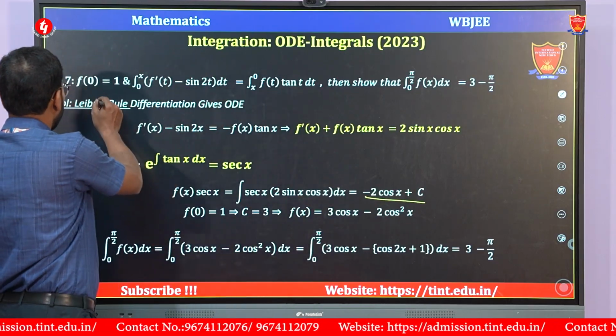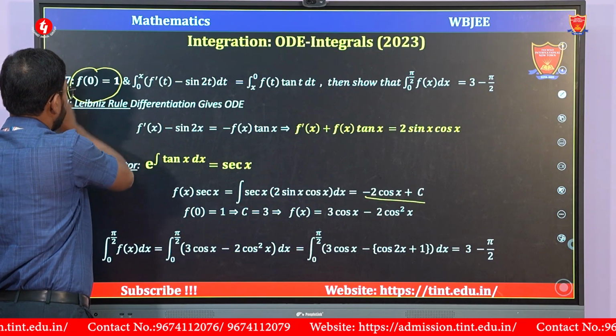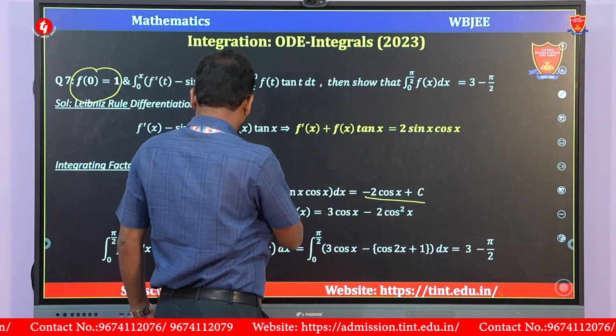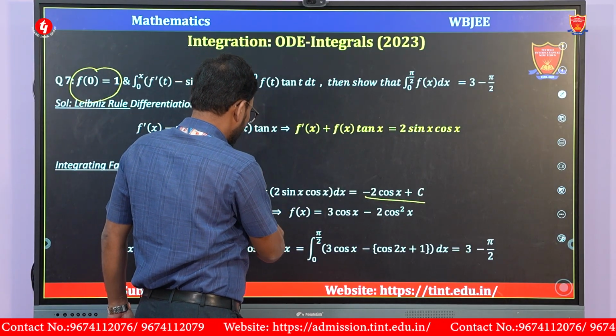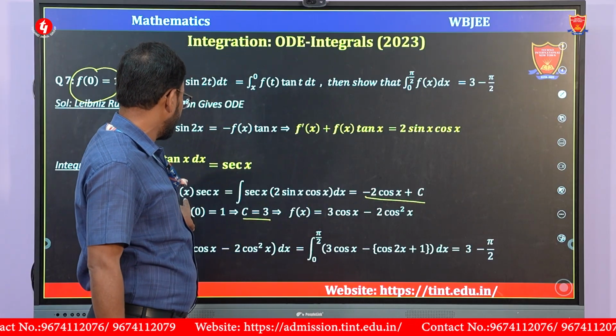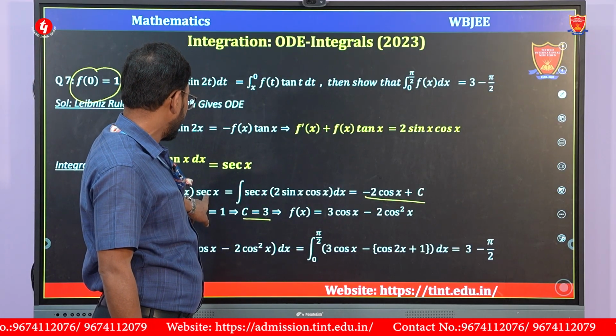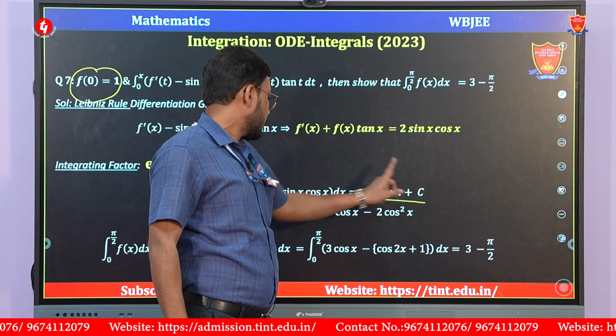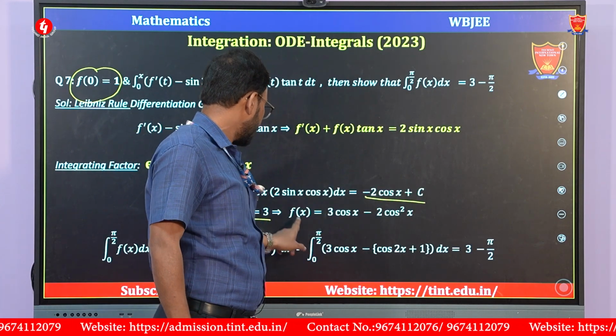Next, put the initial condition f 0 is 1. So put f 0 is 1, and you get c is 3, because cos 0 is 1, so this is minus 2 into 1 plus c. So c is 3.